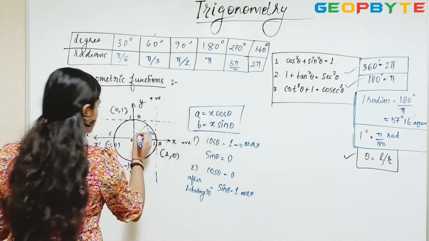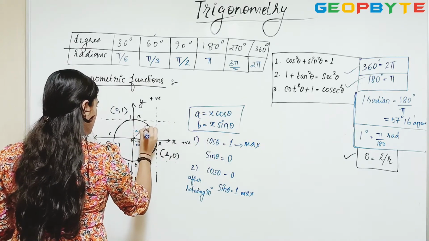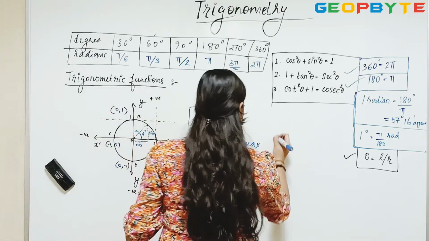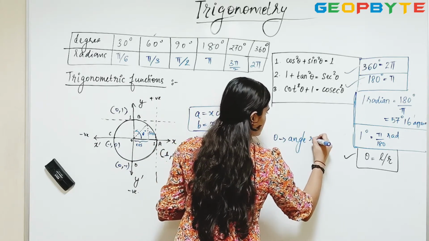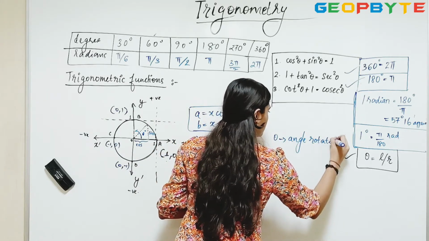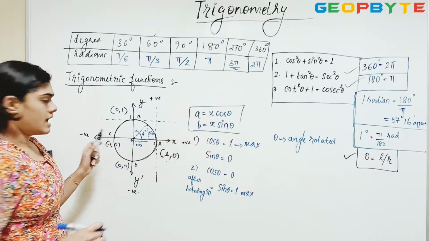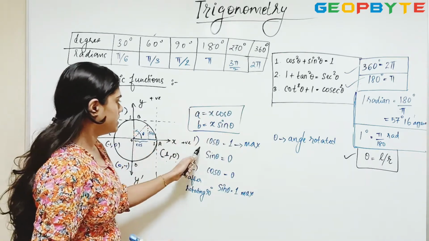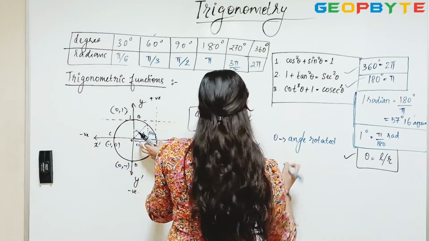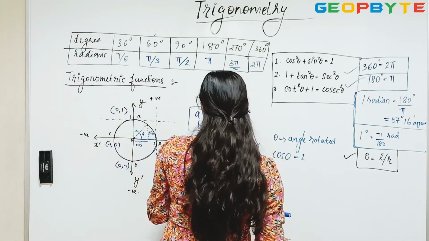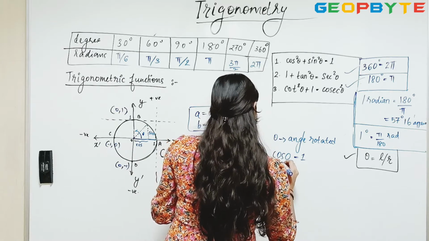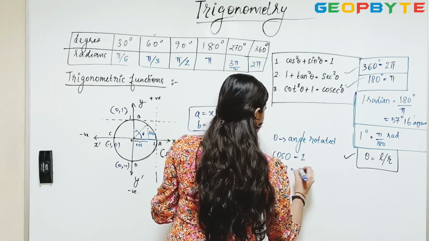Now, if theta is the angle rotated, then cos 0 is, this is in this direction, no, cos 0 is 1. Then what about sine? Sin 0 is 0.